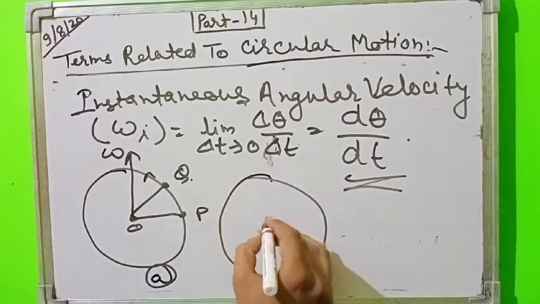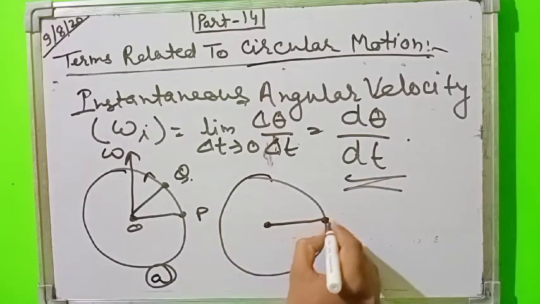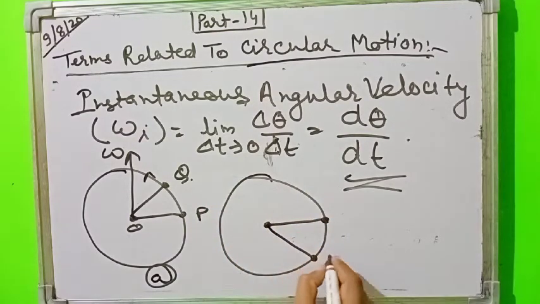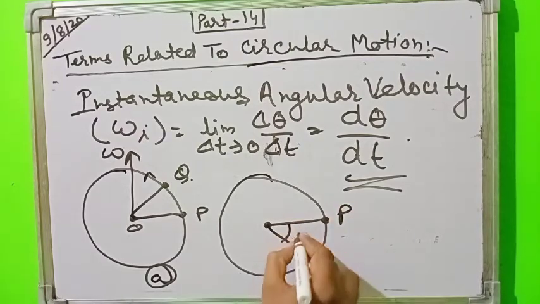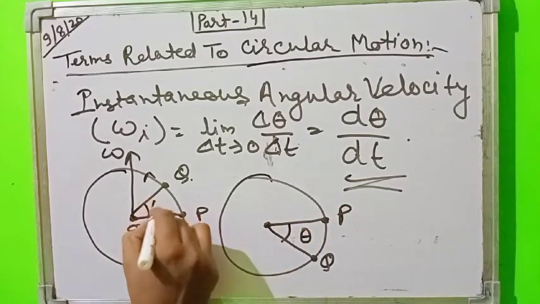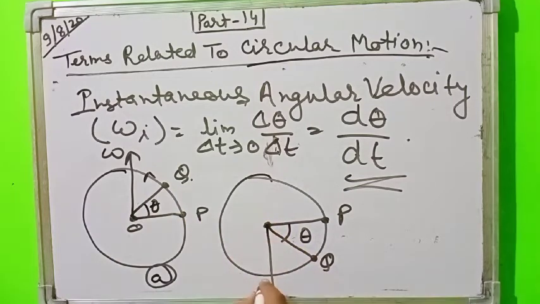Similarly, the object had moved from point P to point Q, this is angle theta, and this is the direction of angular velocity.